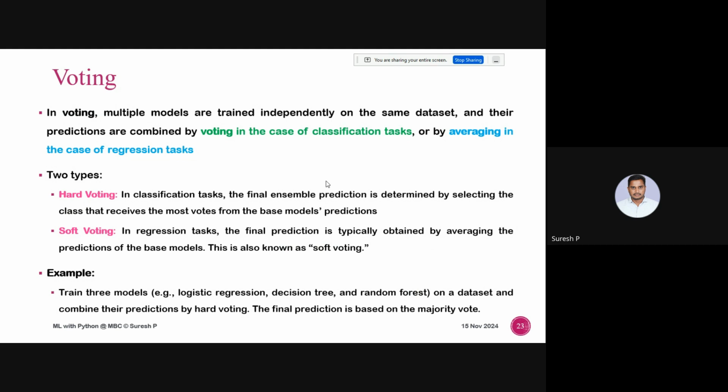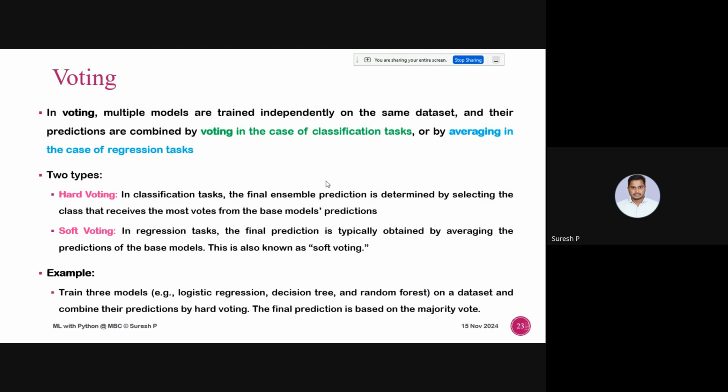Here we have two types of voting: hard voting and soft voting. In hard voting, in a classification task, the final ensemble prediction is determined by selecting the class that receives the most votes from the base models' predictions. So based on the majority of votes, it comes to the conclusion.